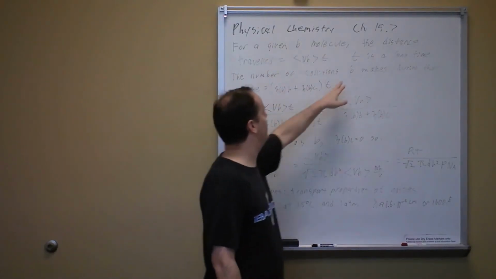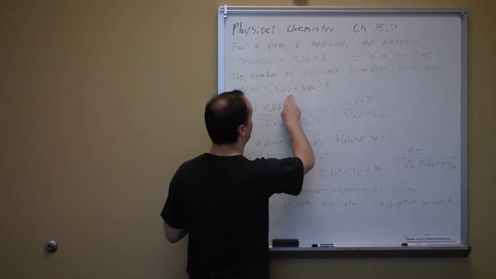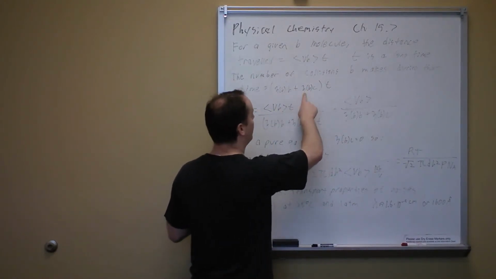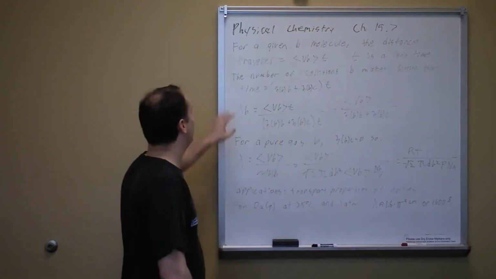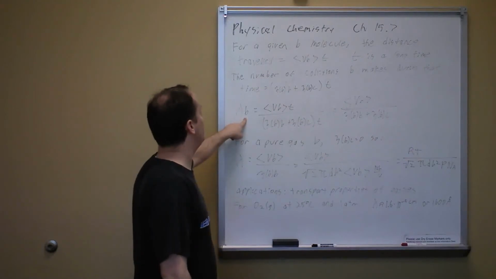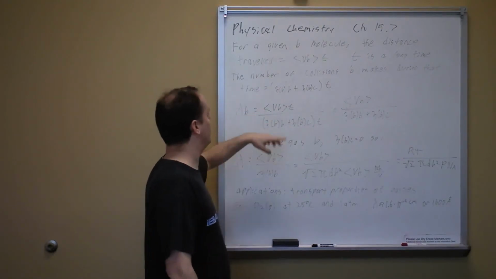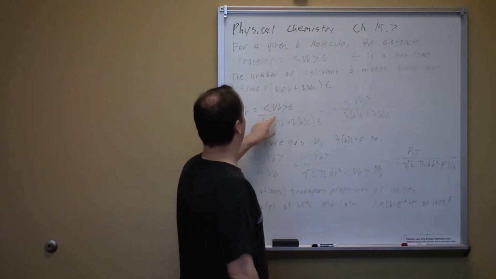So the number of collisions that B makes during that time is just going to be the collision rate of B with other B molecules plus the collision rate of B with other C molecules times whatever time frame we have. So that gives us that the distance, lambda, that B travels between collisions is going to be this distance divided by the rate.